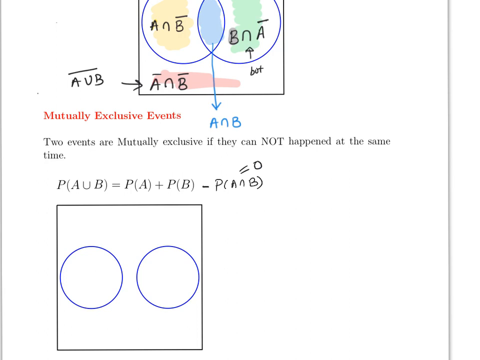Remember from the last section, if the probability of something is equal to 0, that means that this will never happen. So for example, if you roll a die, and let's say that A represents the event of getting a 4 and B represents getting a 5, these two events are mutually exclusive, because if you roll a die, you will never get a 4 and a 5 at the same time.